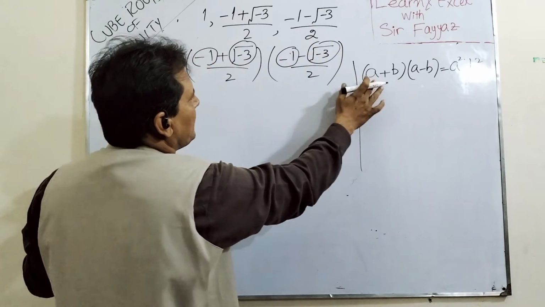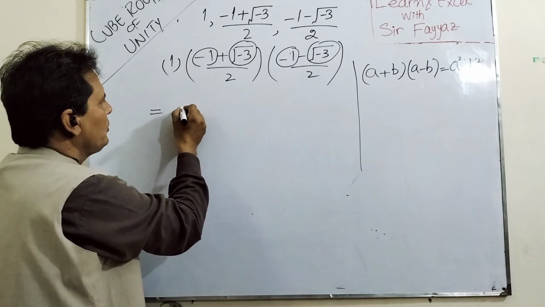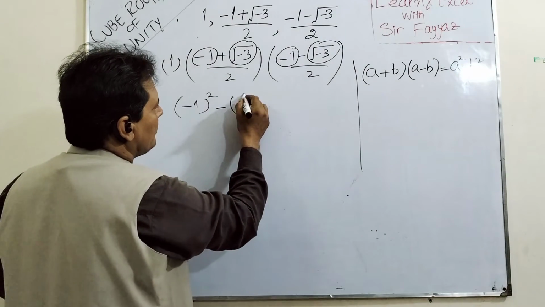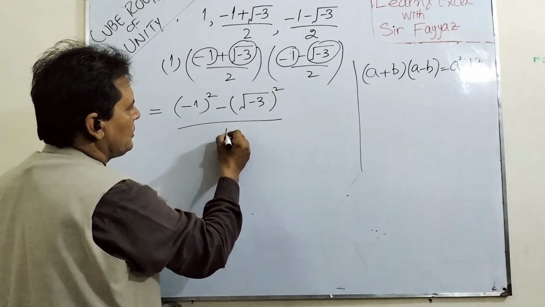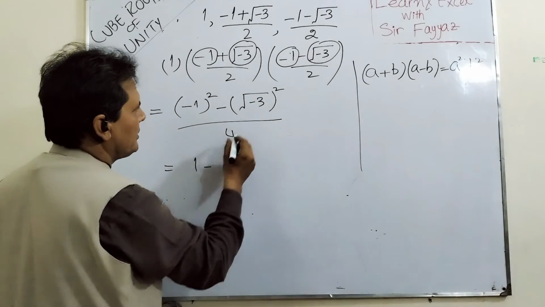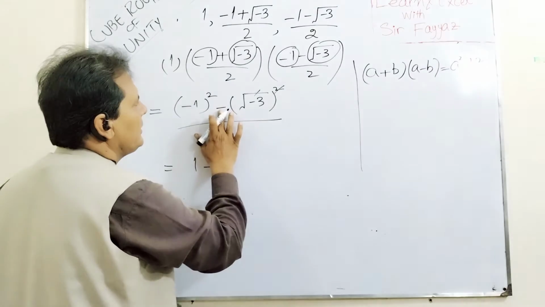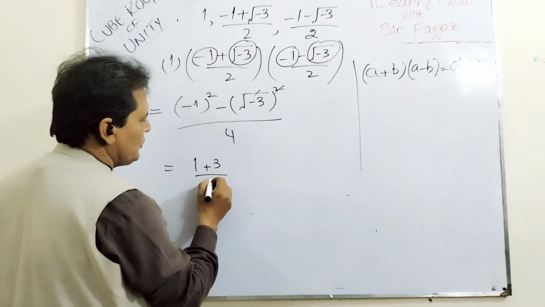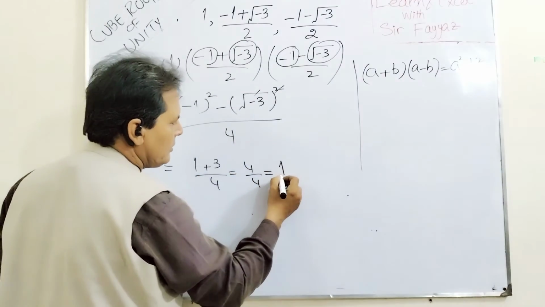So (a plus b) into (a minus b) is equal to a square minus b square, that is the square of the first value, minus 1, minus the square of the second value. And 2 times 2 is 4. Square of minus 1 is 1, minus this square cancels out with the square root, minus into minus 3. This becomes plus 3 over 4. That is 4 over 4, which is in turn equal to 1.